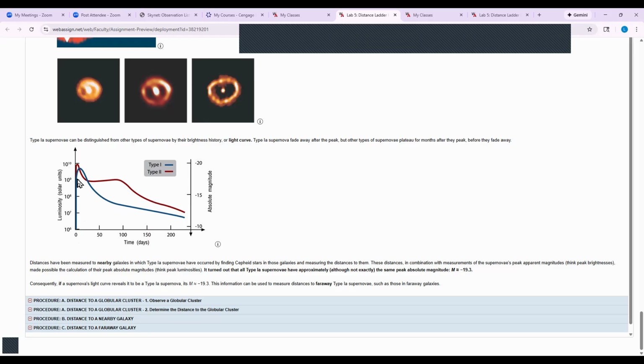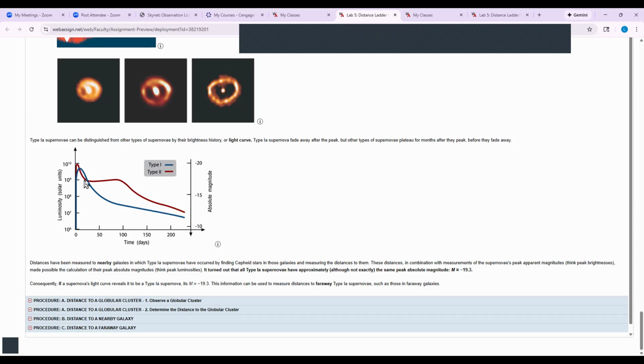But type 2 is going to be similar, slightly higher than type 1 in the magnitude of the luminosity, but it has some constant luminosity that stays for several months. For example, as you see in this example, from here to here is almost around 90 days.